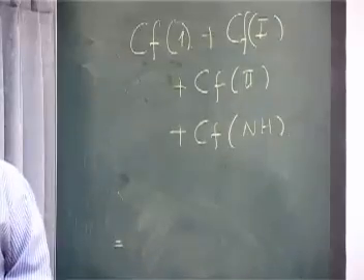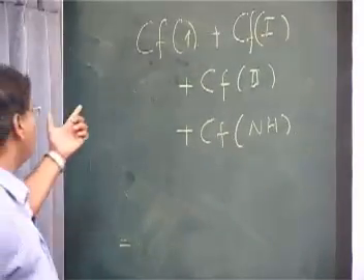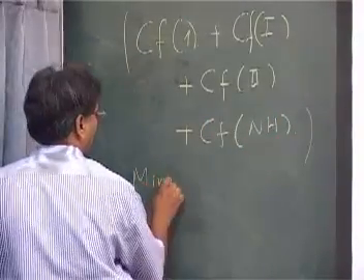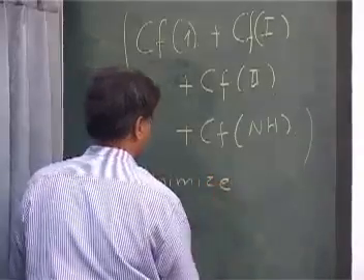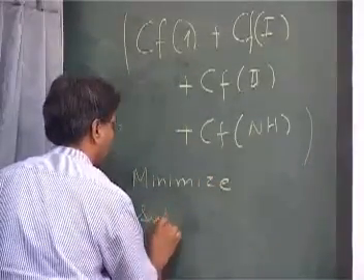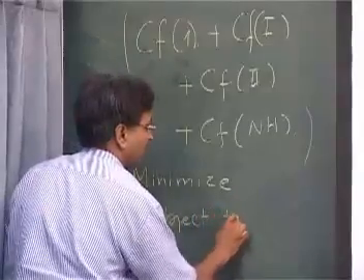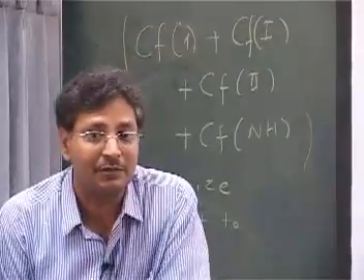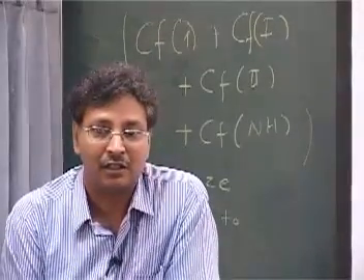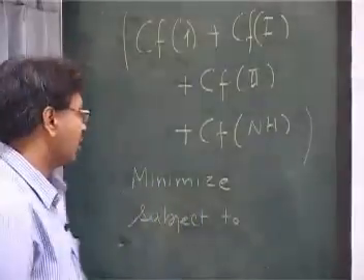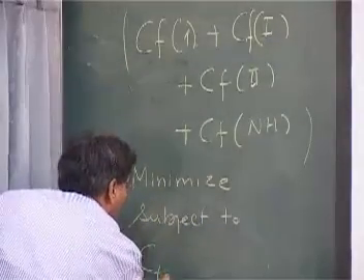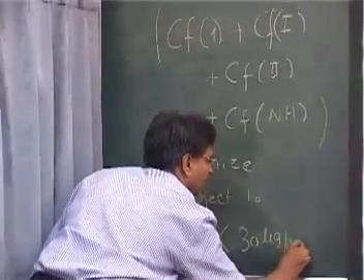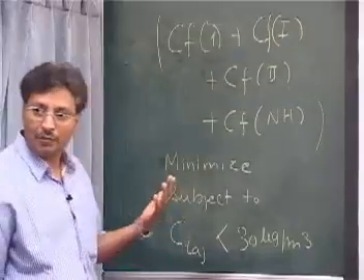And then you want to minimize this function, subject to what? Minimize subject to what? Concentration at Taj Mahal is less than... correct? That's what our objective is.